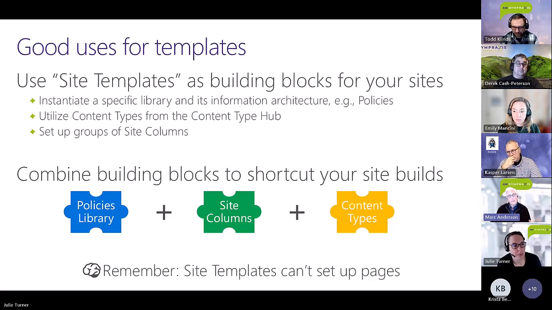So you could have separate site templates that do each of those instantiations. And so rather than applying one large pre-configured site template, you apply a number of different site templates that add additional features or functionality to your site as time goes by. We'll talk more about that in a future session.